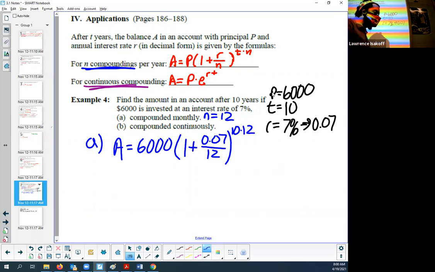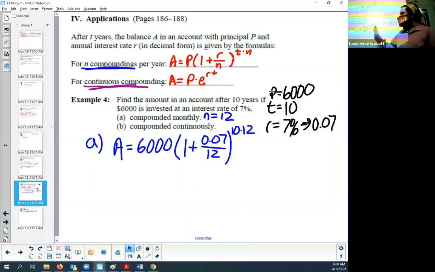We're getting those 12 there. Look, this here is a pain to calculate by hand. Quite frankly, this decimal is going to be rather small. And then to do that to the 120th power is going to be a pain to even start to attempt to calculate by hand. So we're doing this all by calculator.